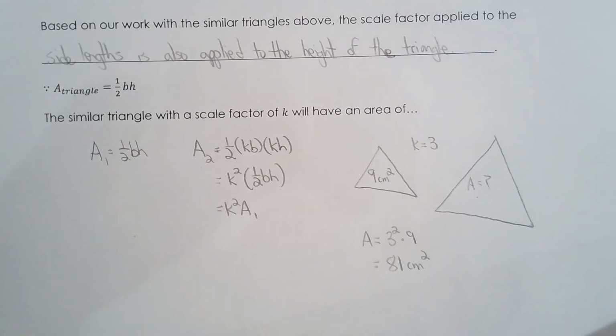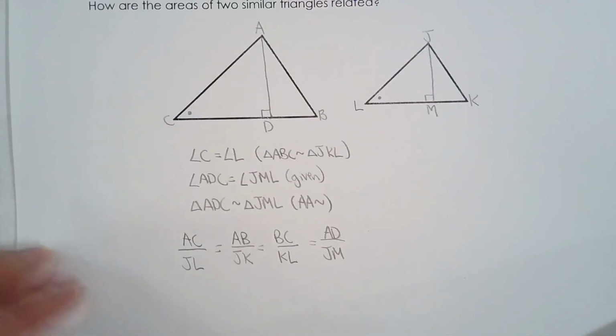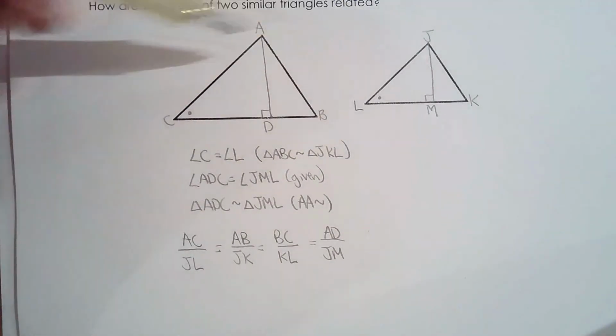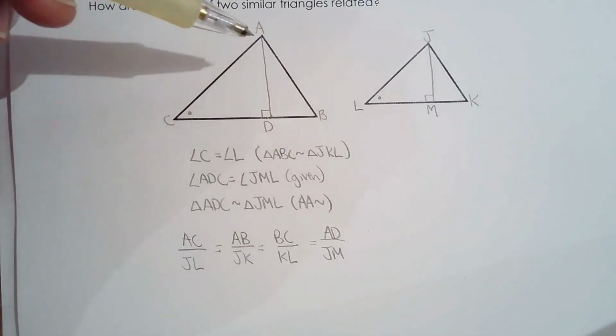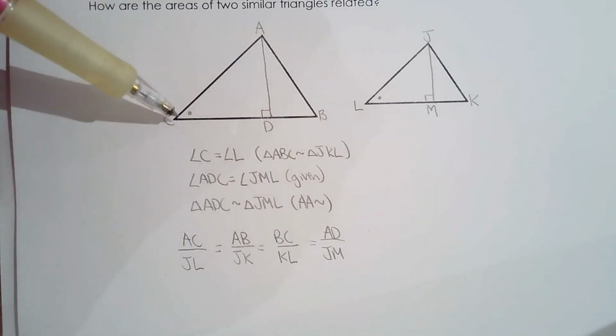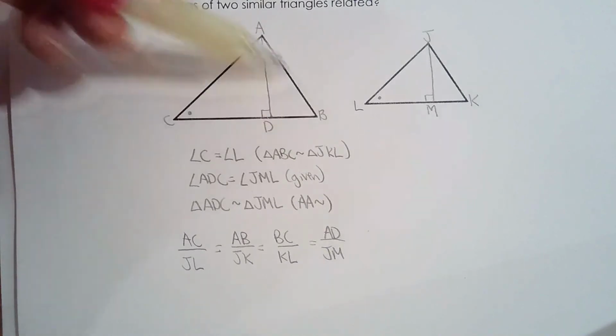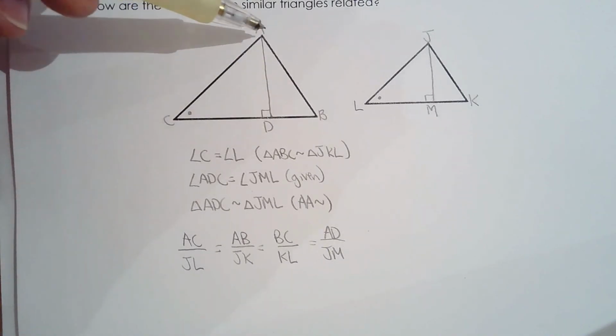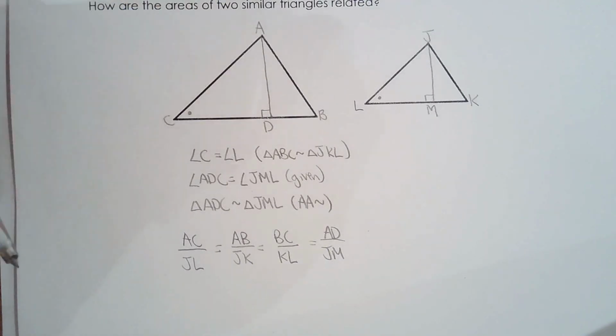Okay, so remember, the triangles must be similar. If they are not similar, then this relationship does not work at all. Okay, so that's the most important part, really back at the beginning here, when we concluded that the scale factor not only affects the 3 sides, but it also affects the height of the triangles.